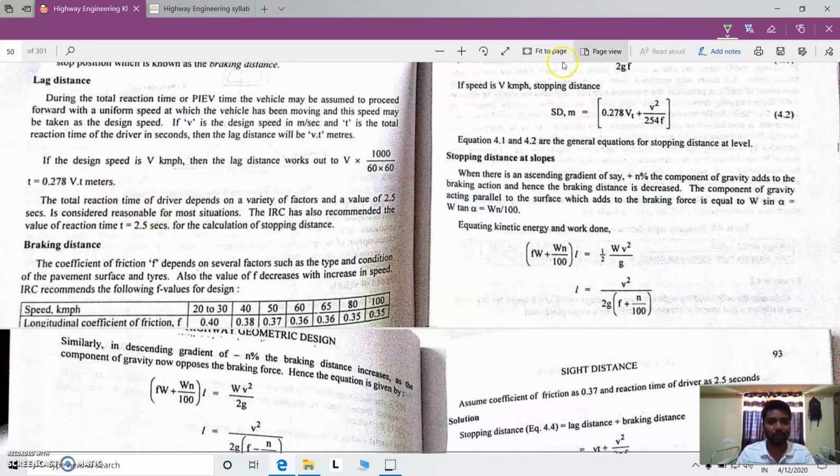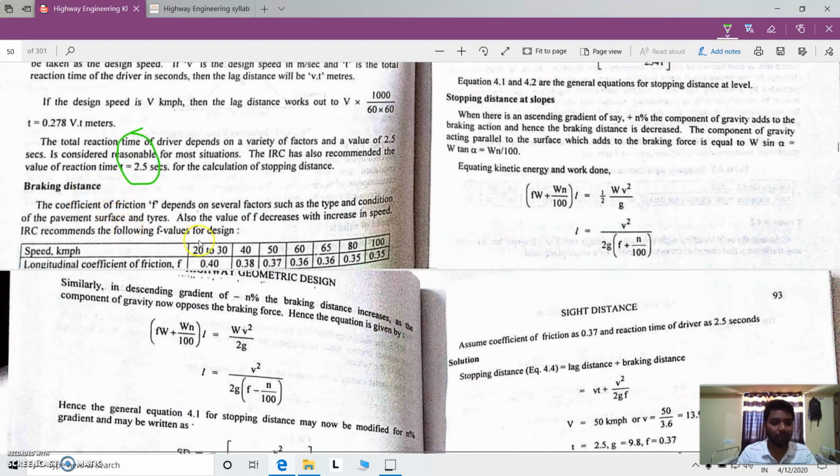Similarly, for the braking distance, the friction coefficient value appears. We need the friction coefficient values for the longitudinal direction, which are given with recommendations for speeds from 20 kmph to 100 kmph.